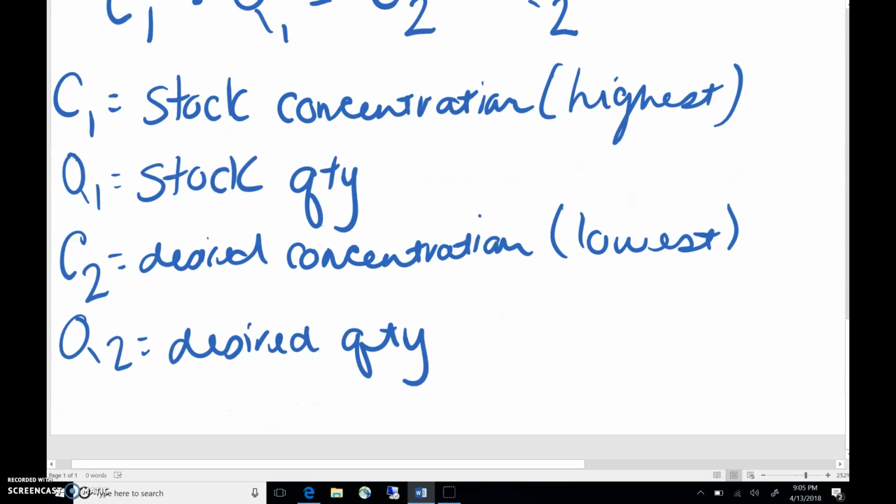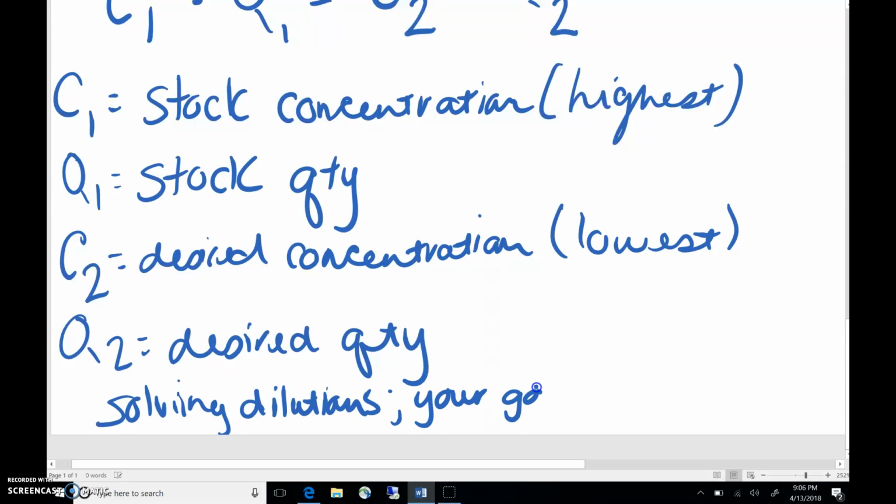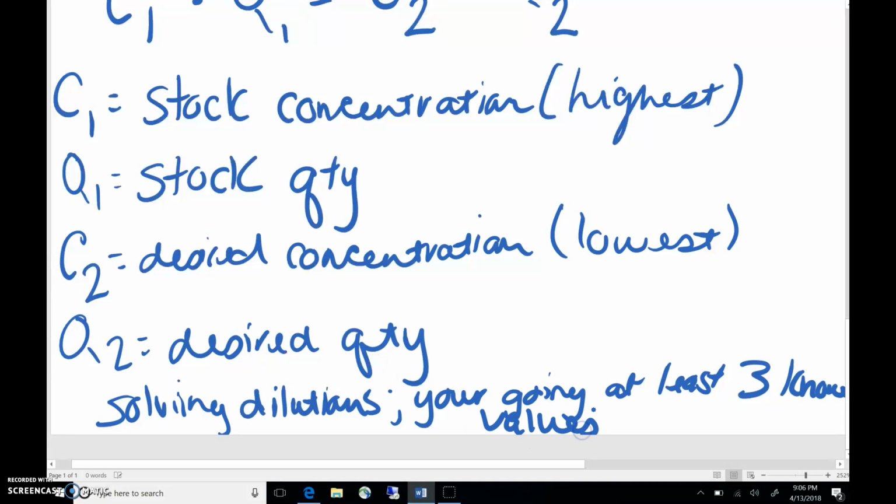So when it comes to dilutions, and when you're solving for dilutions, you automatically know that when you're looking at your problem, you're going to have at least 3 known values, and you're going to be missing at least 1 value. All right.